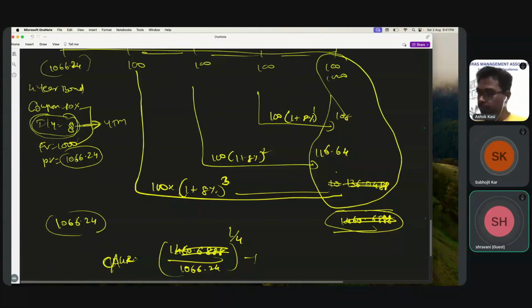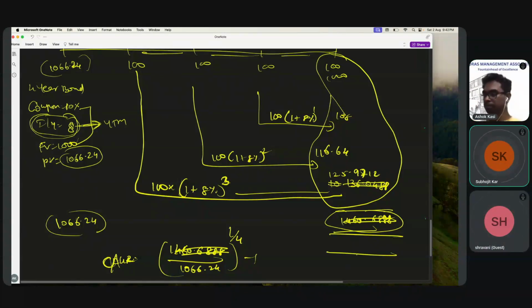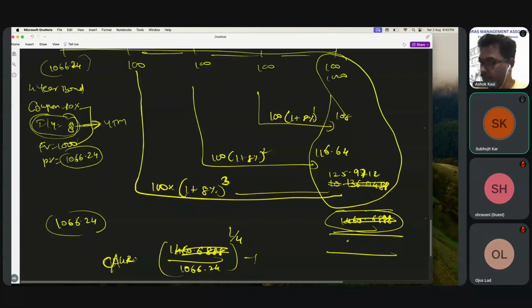Yeah, so it is 125.9712. Add up again. Now it's 8.400006.